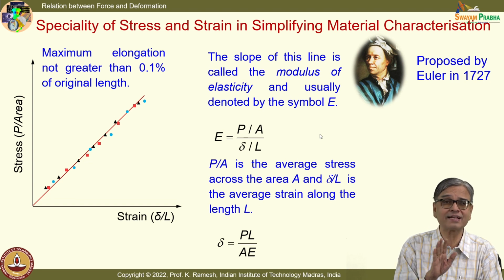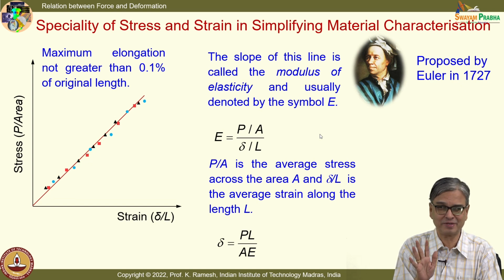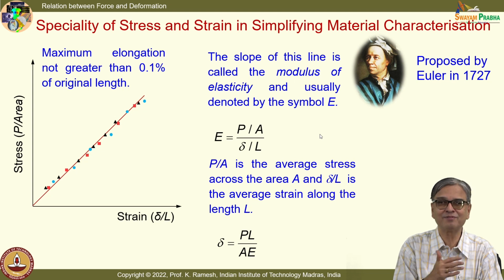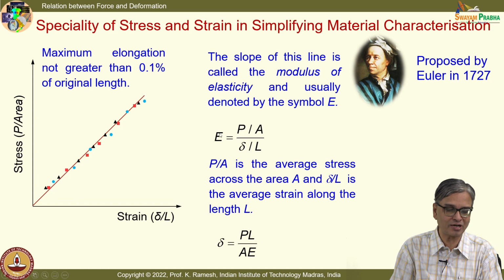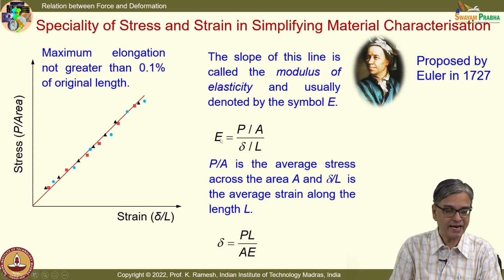See how the scientists have given credit is a puzzle to me. Fine. Somebody has invented it, but in his honor, we all call this Young's modulus, and we also say that this is Hooke's law, but it was actually proposed by Euler in 1727.